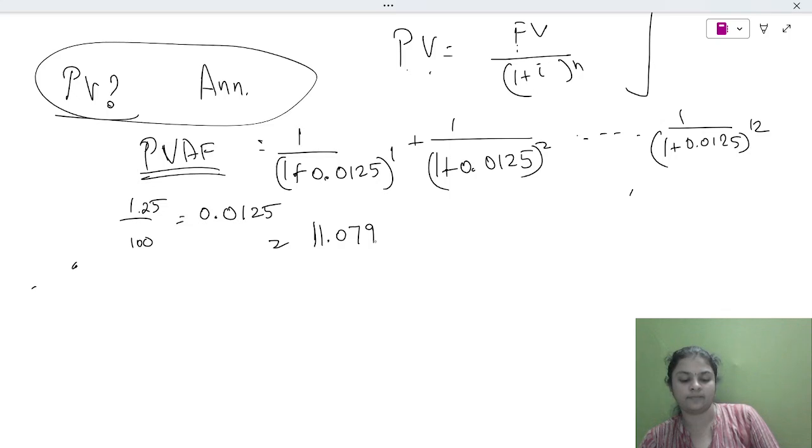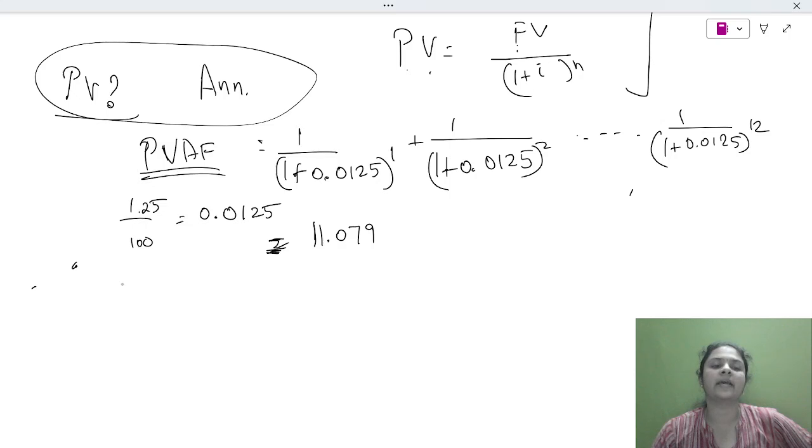Let me check. Yeah, 11.079. Yes, I also verified you are getting the same answer. Now we can use the shortcut. What is the shortcut formula?